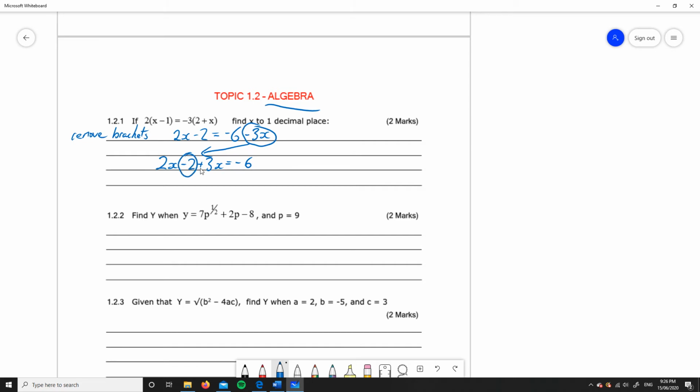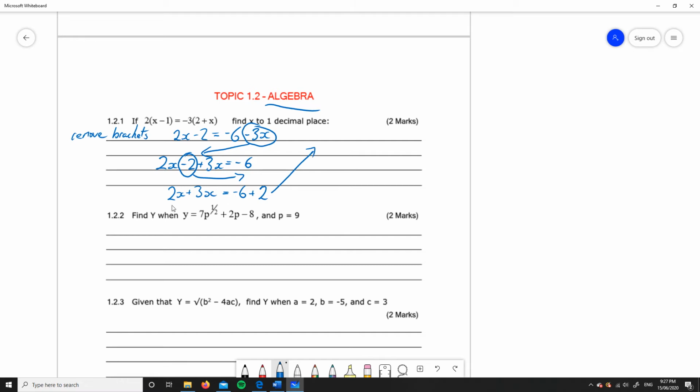This time, for my next step, I want to move the 2 off, so that will give me 2x plus 3x equals negative 6 plus 2.